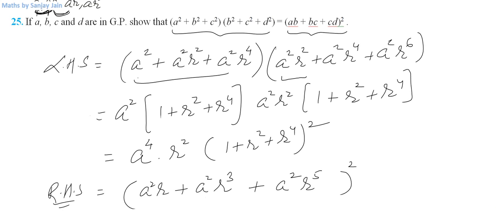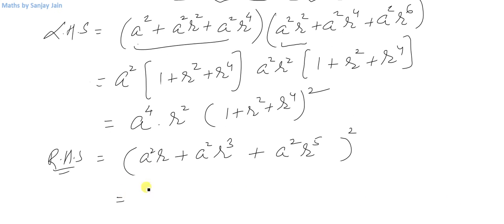So if I separate this a squared and bring it outside, it will come out as a^4, because there is this square. And if I take this r outside, it will come as r squared. So what will be the first term here?